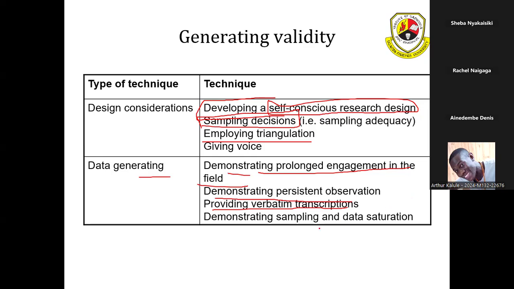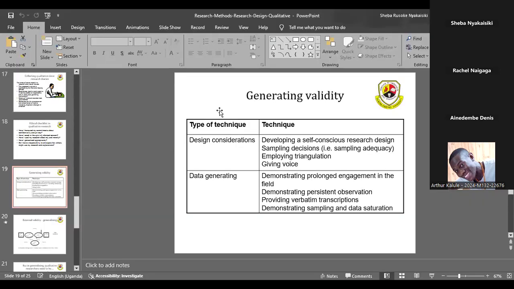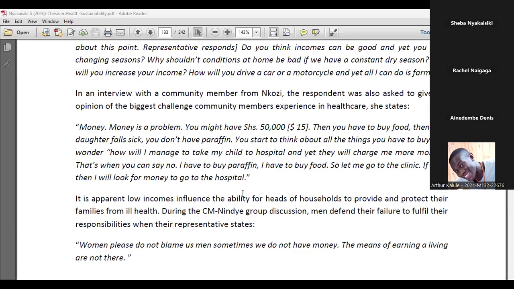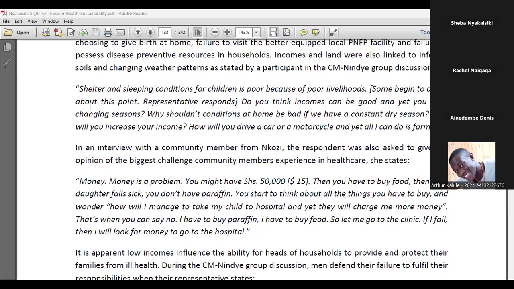Let me show you an example of verbatim reporting, one of the results of verbatim transcription. So again, I'm going to share with you. So you see these quotations I've given.